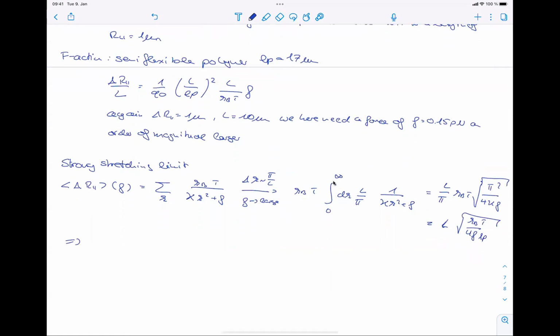So just to write down this extension curve would be then L times 1 minus a half kBT over F LP.